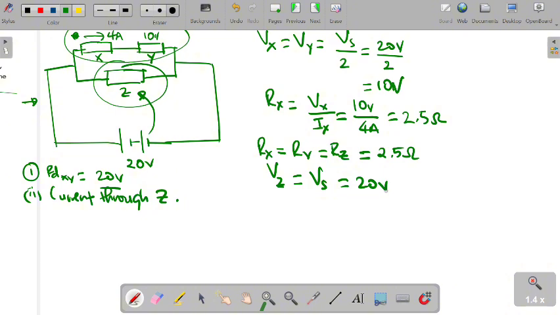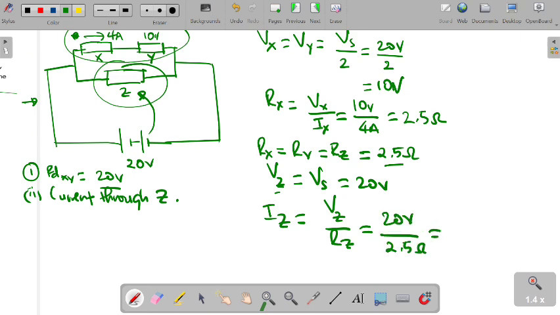From there we can work out, we know the resistance of Z, and also we know the voltage of Z, so we can calculate the current that is flowing through Z. That's the voltage of Z divided by the resistance of Z. That's 20 volts divided by 2.5 ohms. This gives us 8 amperes.